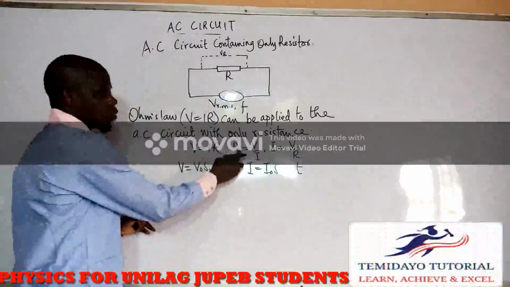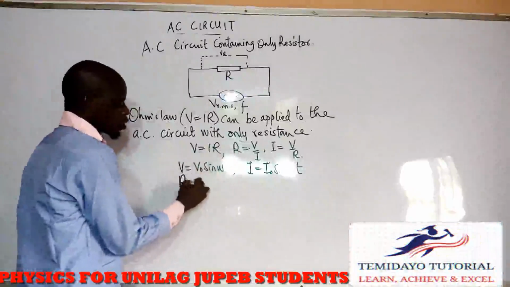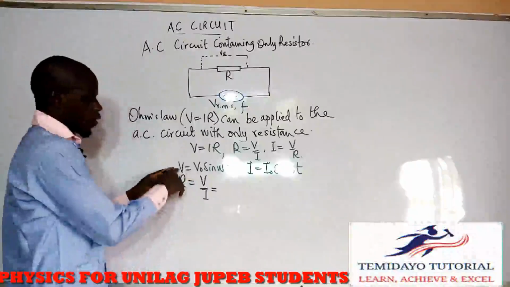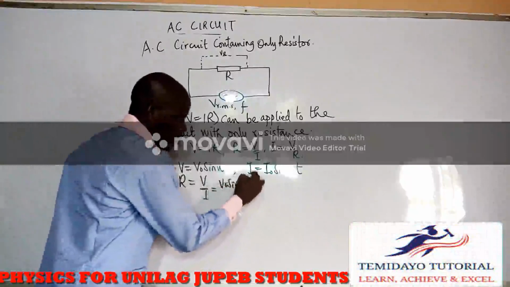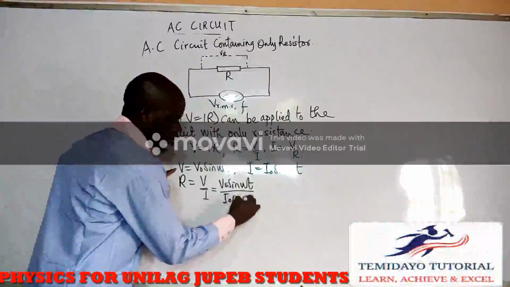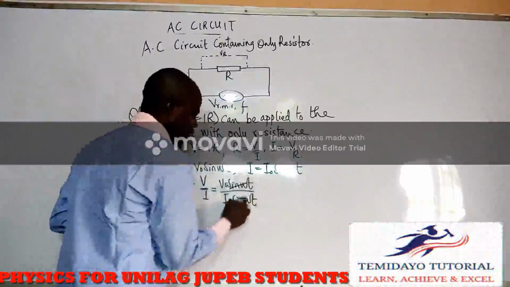And we have seen from this formula that R is equal to V over I. So from there you can substitute the value of your V, which is V naught sine omega t over I naught sine omega t. Now from here you can see that sine omega t cancels sine omega t.